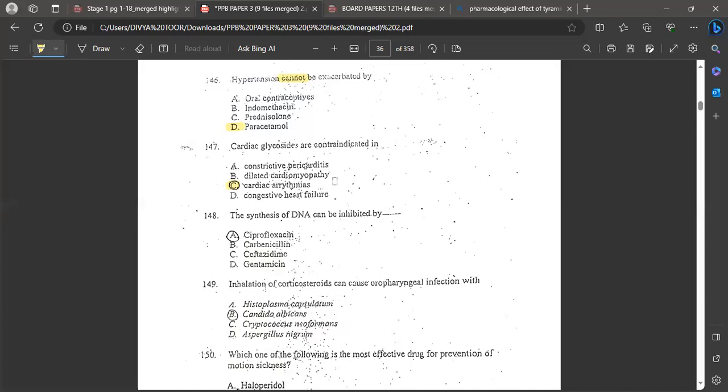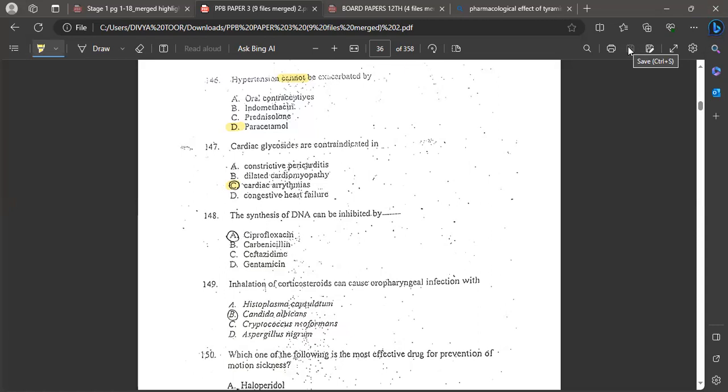So if we increase the heart rate, we're increasing the irregularity of the irregular heart rate in them. I'm pretty sure someone can give a better answer.